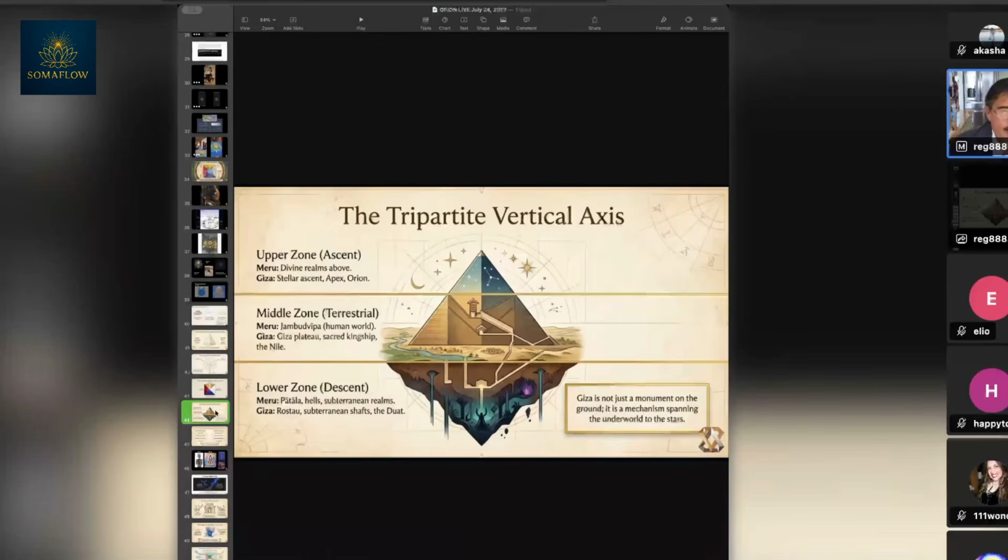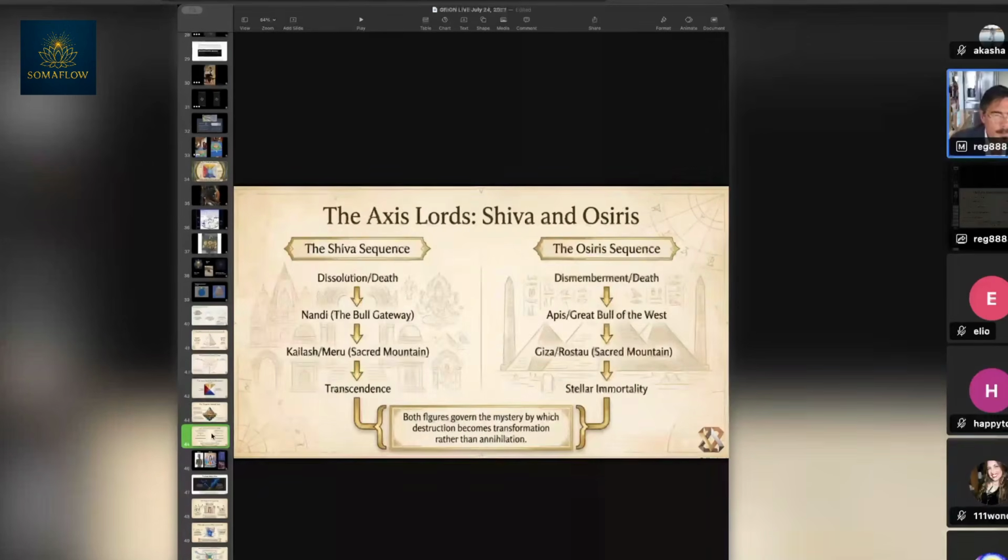So this tripartite vertical axis as well, between the lower zone, the middle zone, and the upper zone. And accessing these two worlds, the Great Pyramid may have been built as a place of an altar where heaven and earth meet. And when you start looking at the whole story of Shiva and Osiris, they share the same constellation.